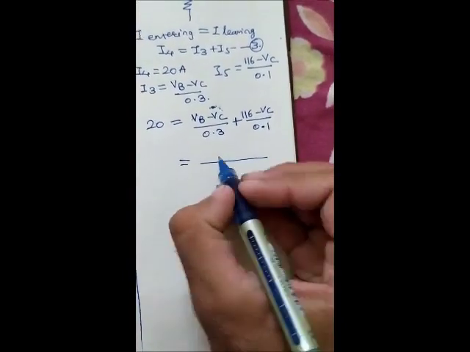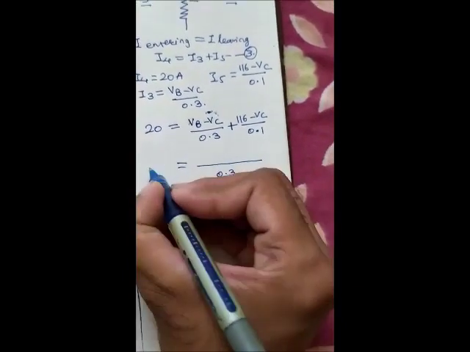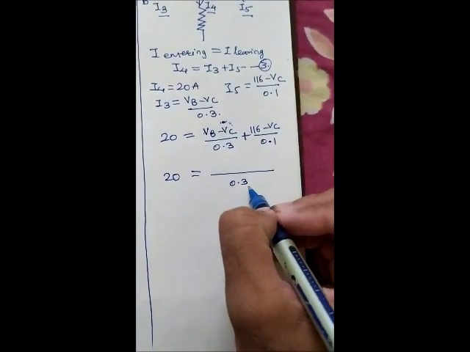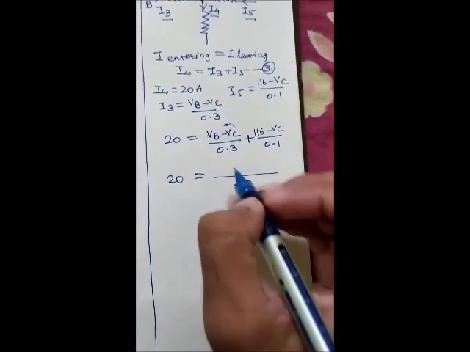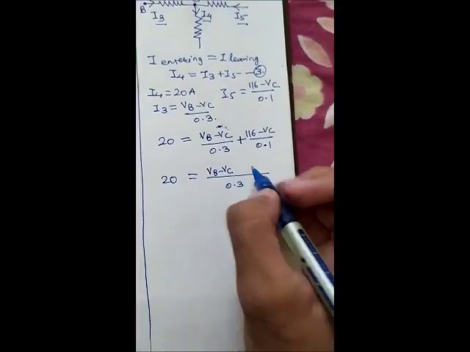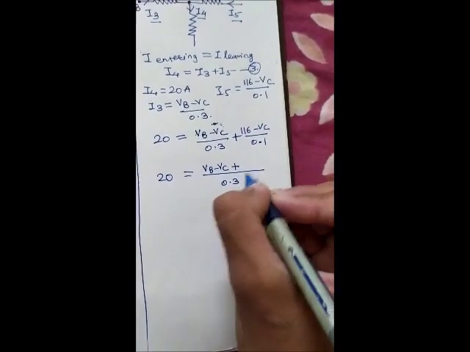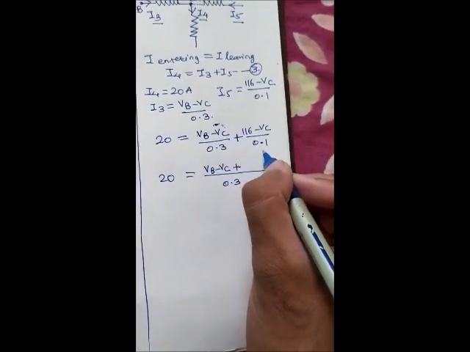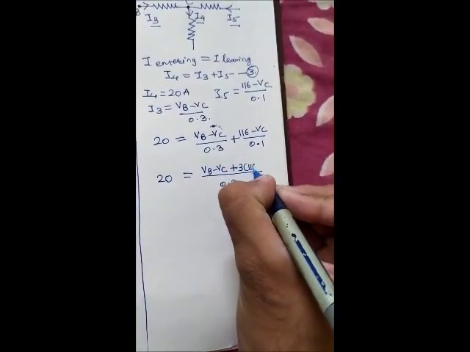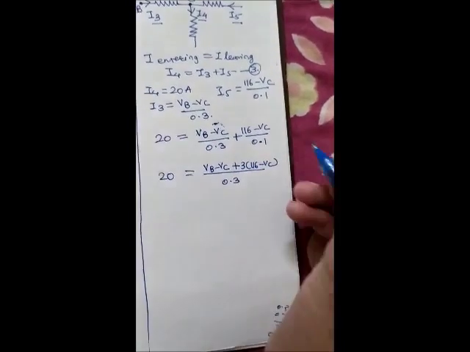Now similarly take the LCM of 0.3 and 0.1. Your LCM is 0.3. I will take it. This is 20. Now 0.3 divided by 0.3 is 1. So 1 into (VB minus VC) is VB minus VC, plus 0.3 divided by 0.1 is 3, 3 into (116 minus VC).